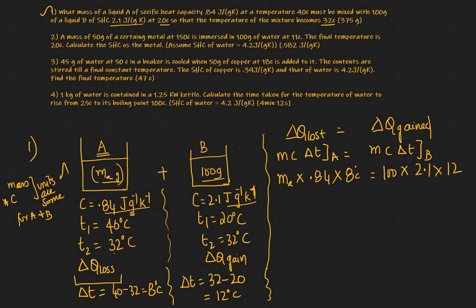I urge you to pause the video and do the calculation yourself and find out the mass. You would get the mass as 375 grams. So once you encode the given information in the form of a picture and make sure all the units are consistent, that's half the problem solved.